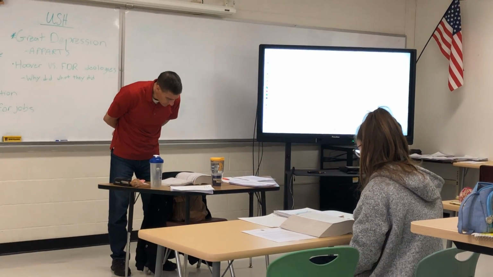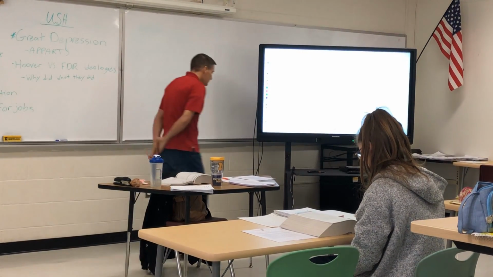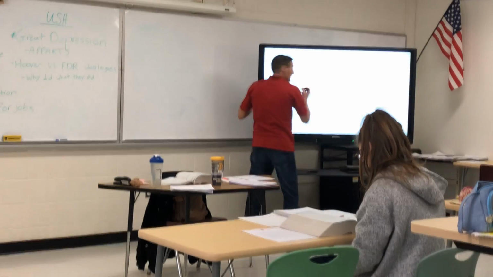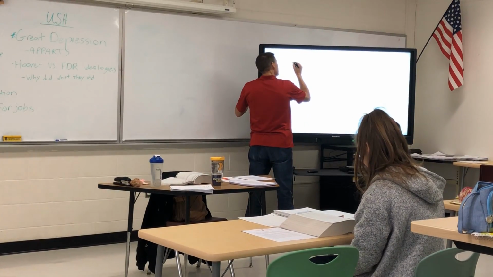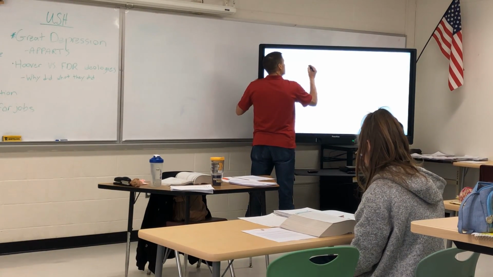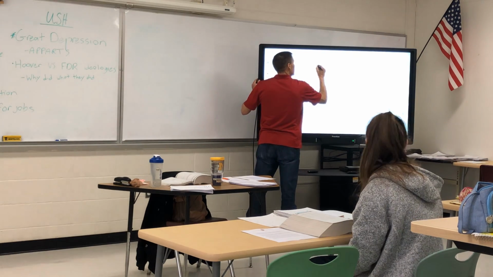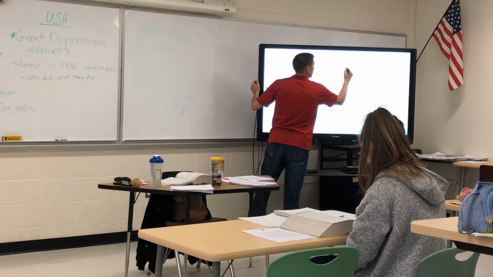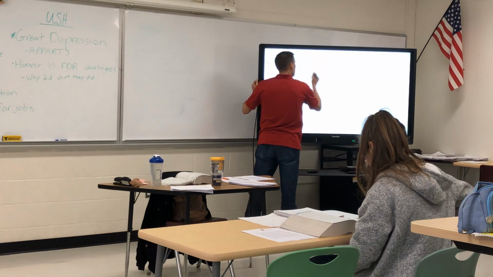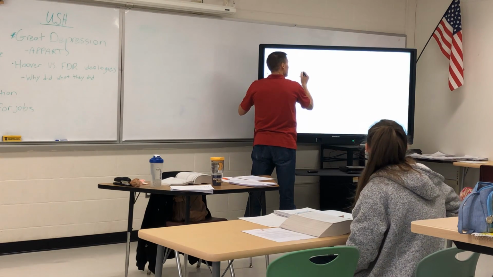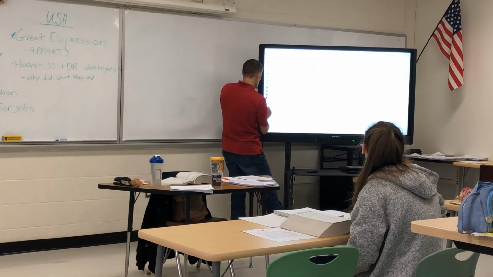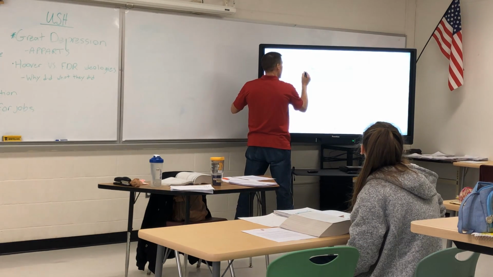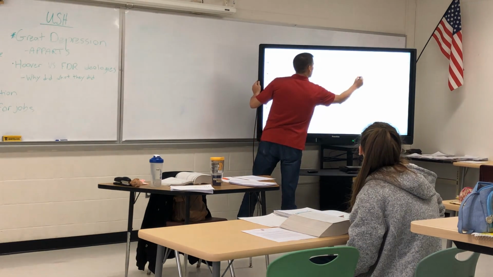Number 14. Actually, can we do 13? Sure. So let's write this down. Could you give me the original equation? It's h equals negative 16t squared plus vt plus k. Okay.